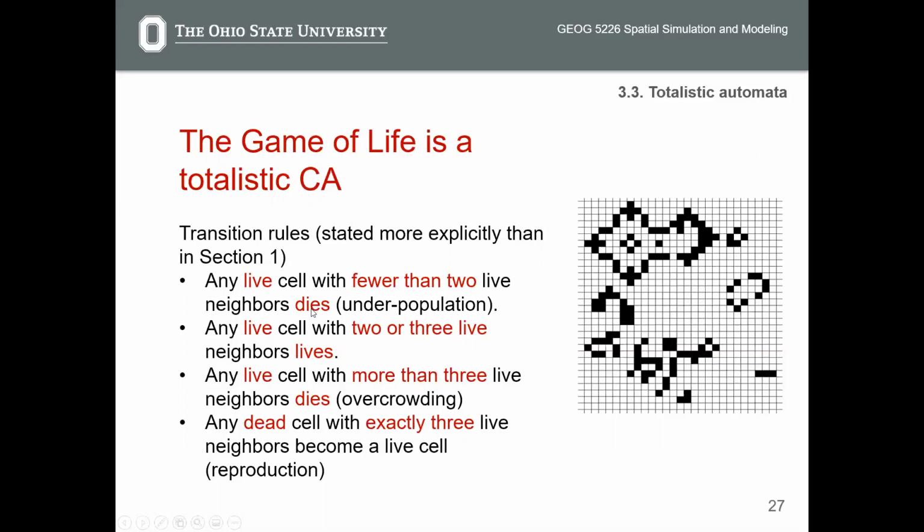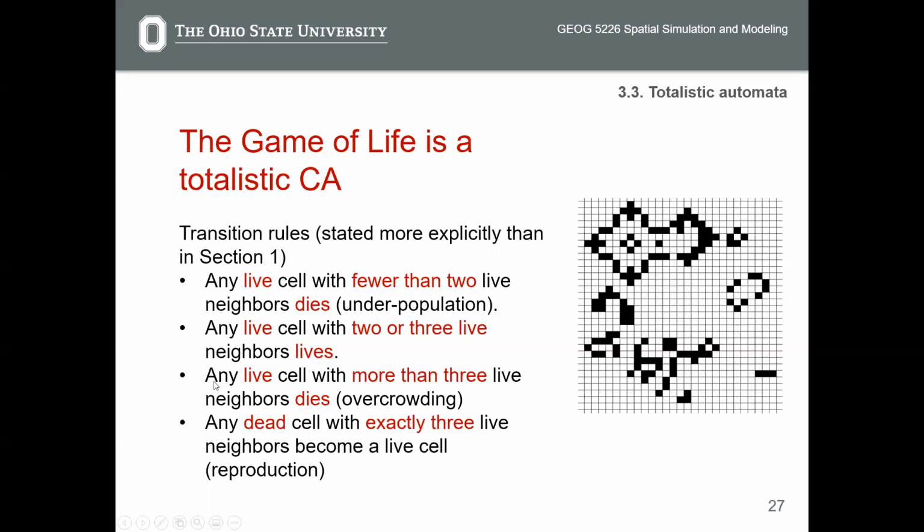Any live cell with 2 or 3 live neighbors lives, which means that for now the cell is 1, and if the sum of its neighbors is 2 or 3, then it will stay as 1 because it lives. Any live cell with more than 3 live neighbors dies.